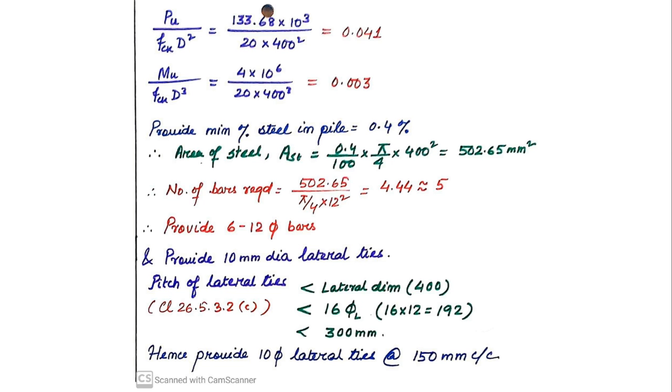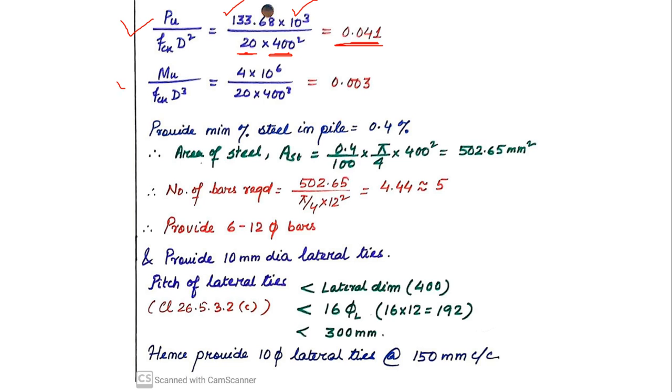Once I have fixed the value of D dash by D, let us find the value of Pu by fck D square. Pu, the corrected axial load, is 133.68 multiplied by 10 to the power 3 so that it comes out in Newton. Then fck is 20 and diameter is 400, so 400 square, and I get a value of 0.041.